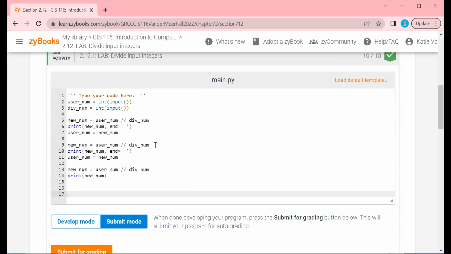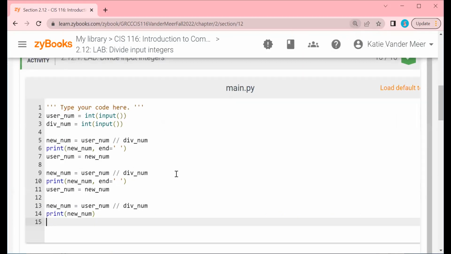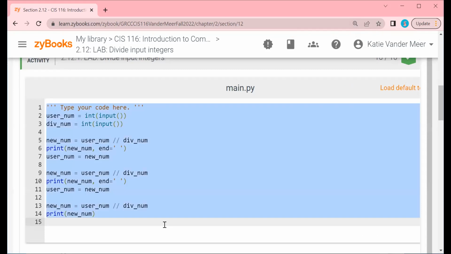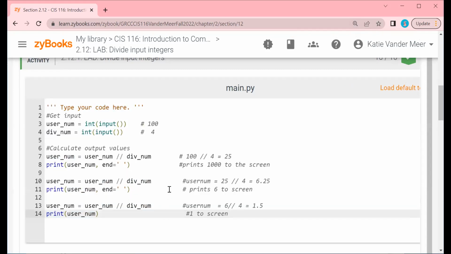So there's one example, screenshot that or whatever, so you can compare the two. And then the other one is this. This is what we coded at first. Both of them work. This just doesn't create that third variable called new num.